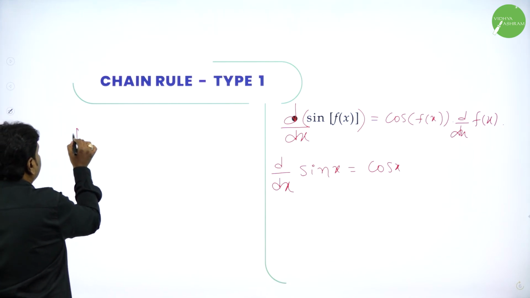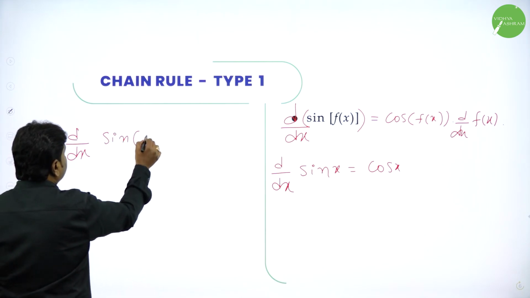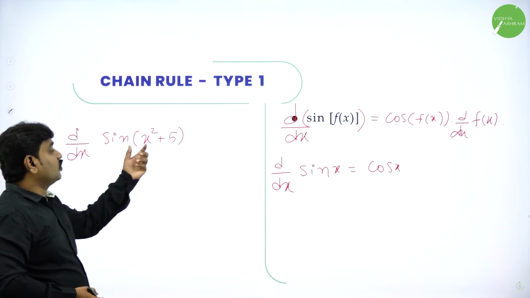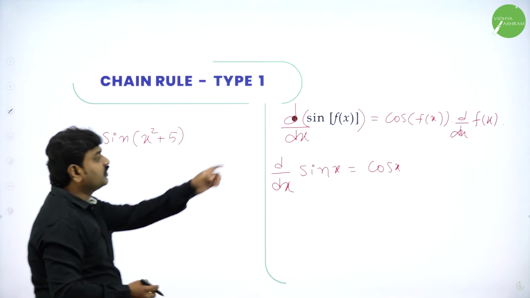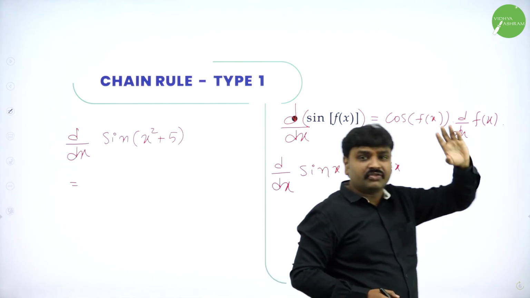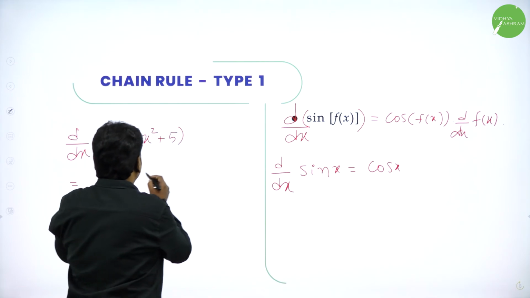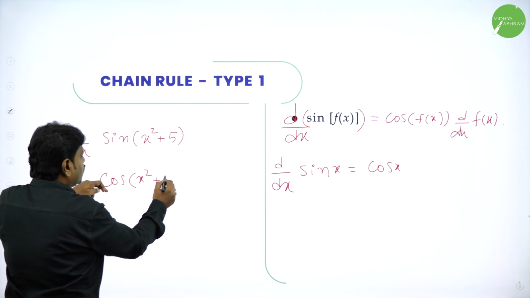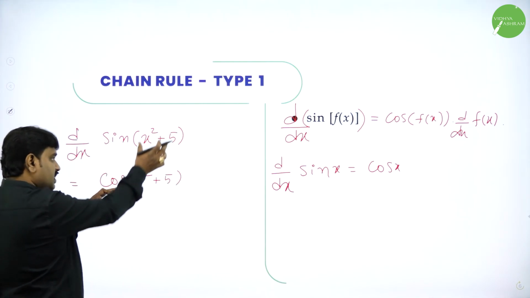For example, if I want you to find d by dx of sin of x square plus 5, this is the question. Inside sin I don't have x, I have a function of x. So the derivative of sin f of x is cos f of x into d by dx of f of x. If it is sin x, I'll write cos x; if it is sin of something, I have to write cos of the same.